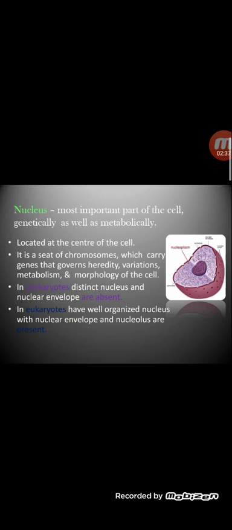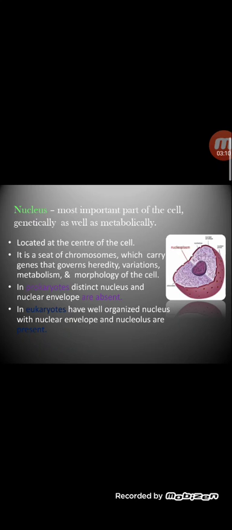Next is nucleus. Nucleus is the central important part of the cell which controls all other cell organelles and cell activity. It is located at the center of the cell, and the genetic material, which is DNA, is stored inside the nucleus.